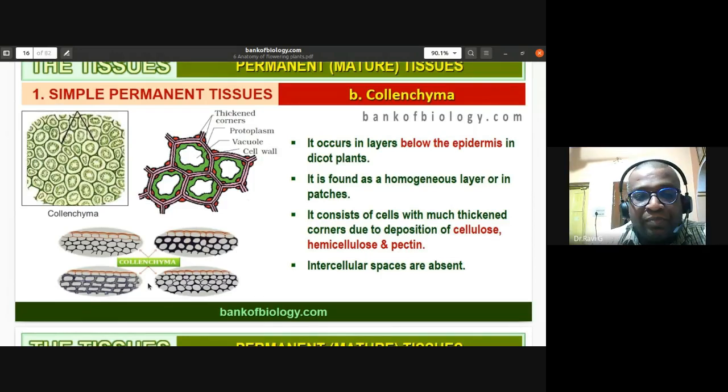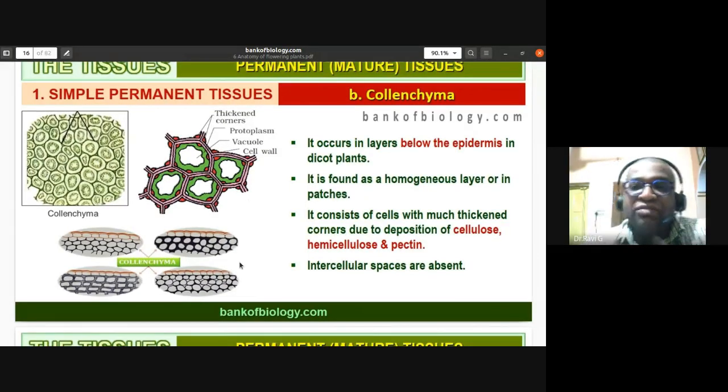So we call it lamellar collenchyma. Then angular collenchyma. At the angles of the cells, the pectin is deposited. So we call this angular collenchyma. Then lacunar collenchyma, lacuna, that is intercellular spaces. In lacunar collenchyma, the thickening is deposited near the intercellular spaces. We call such type of collenchyma lacunar collenchyma.